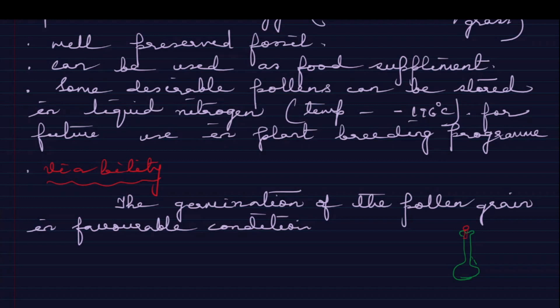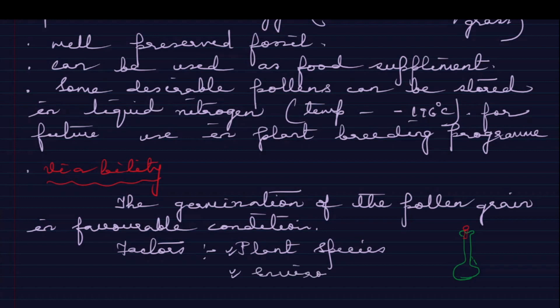Now the factors on which this viability depends: the first factor is the plant species. Next, the environmental condition.